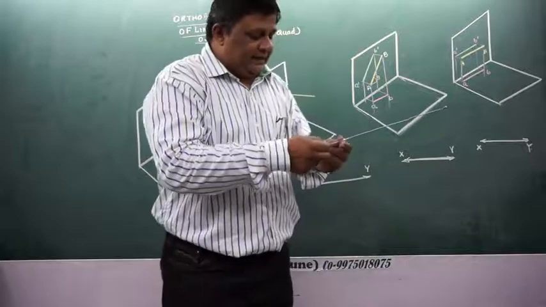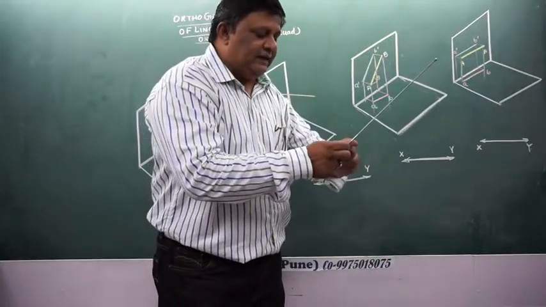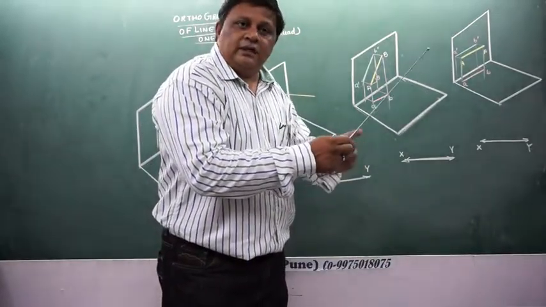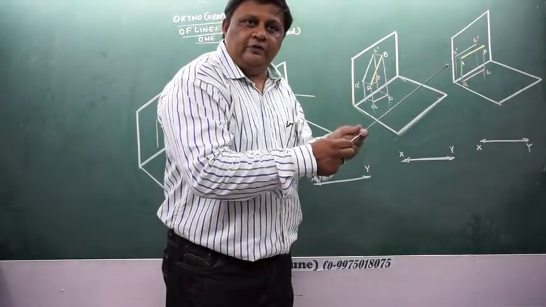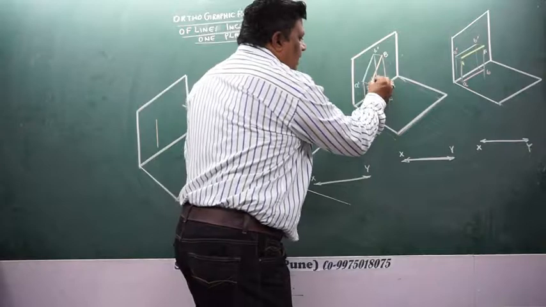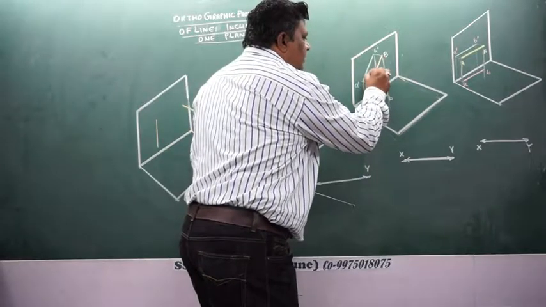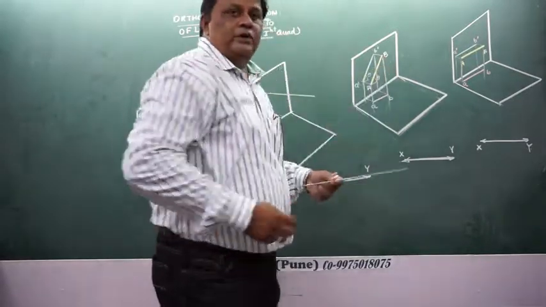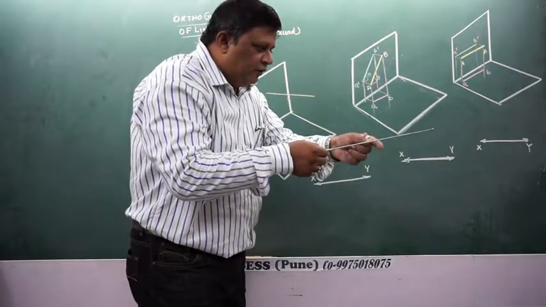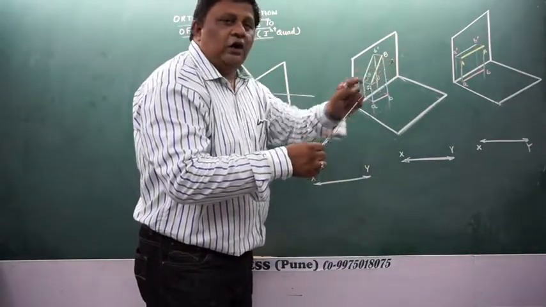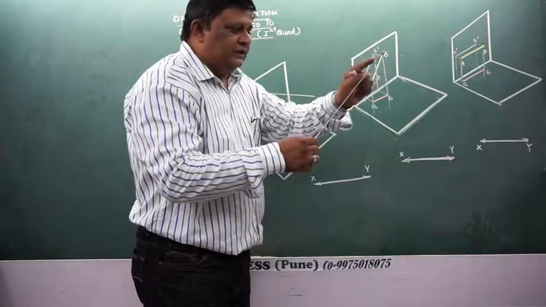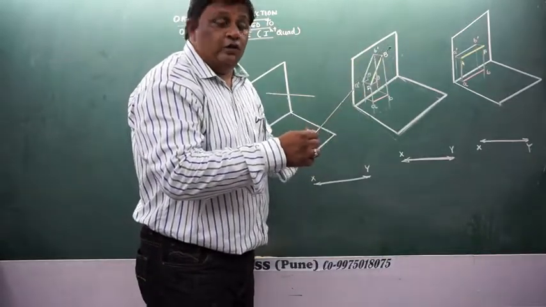First thing. Second thing, in which view can I see this angle theta? Obviously in the front view. So this angle theta is seen in the front view. And what about the length in the front view? I am able to see the actual length, technically called the true length of this line, in the front view.